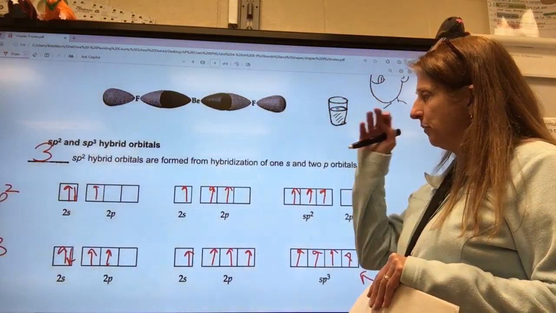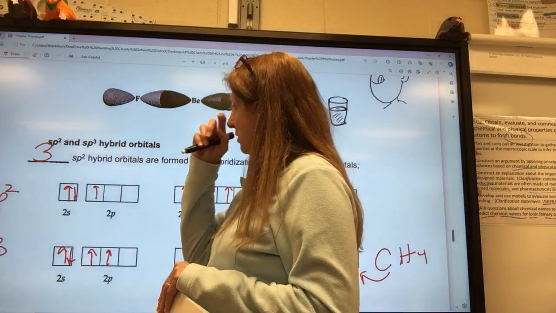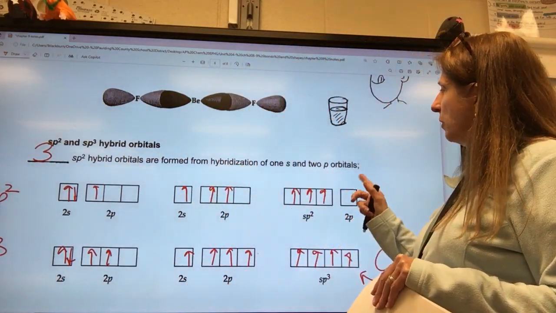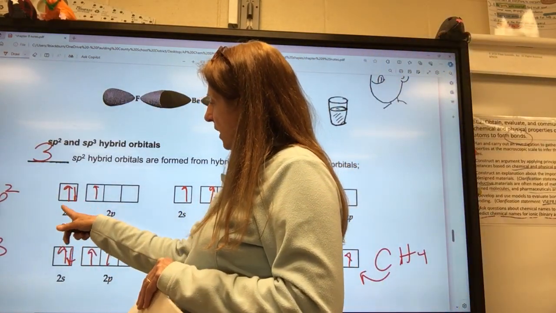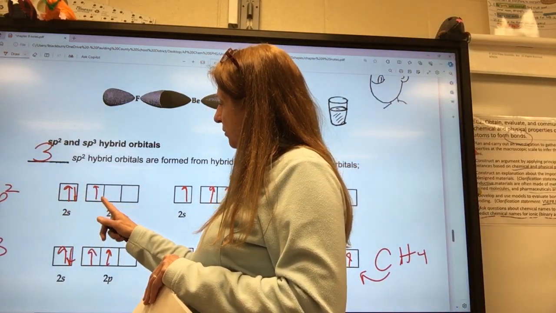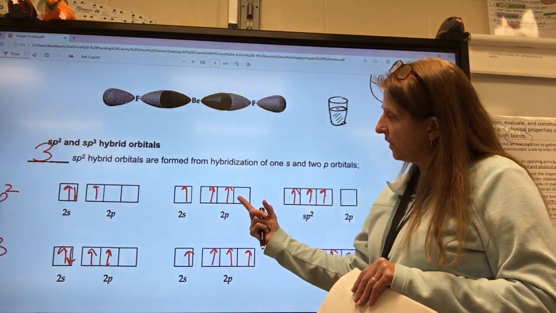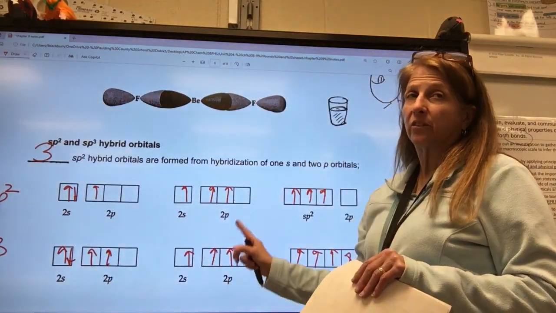So there are different ways we can look at this. sp2 and sp3 orbitals are formed from hybridization of the s and the p's. If you had it regular, you'd have 2s filled and 1 2p. You can promote 1 out of the 2s to the 2p, but these are not symmetrical.